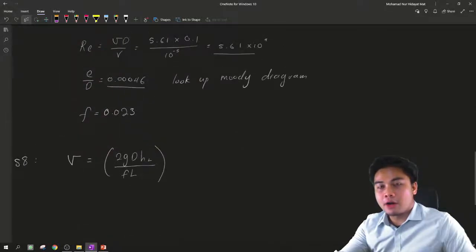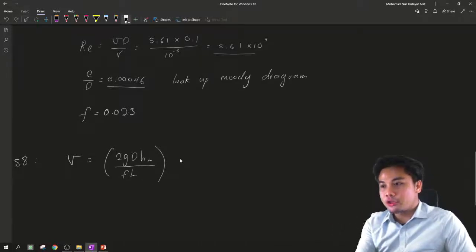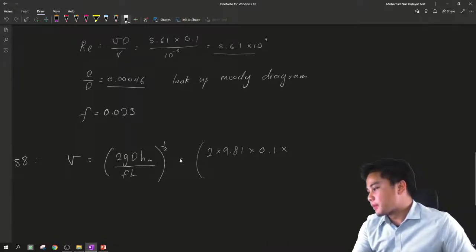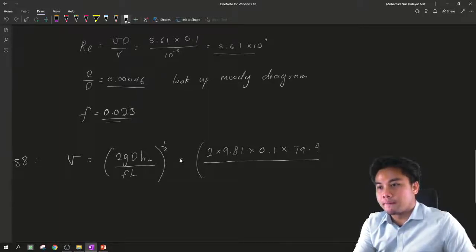Now you have found the correct value of F, so why not use your new velocity? So 2 multiplied by 9.81 multiplied by 0.1 diameter multiplied by head loss, which is the same, 79.4, over your new friction factor.